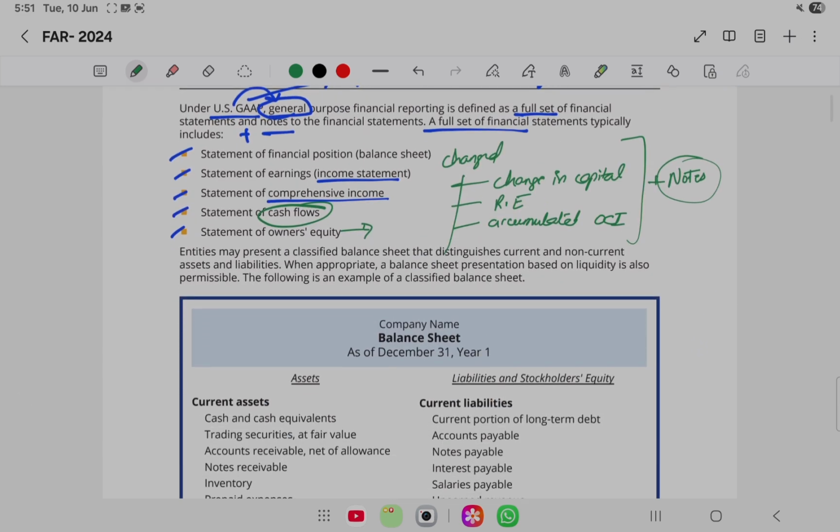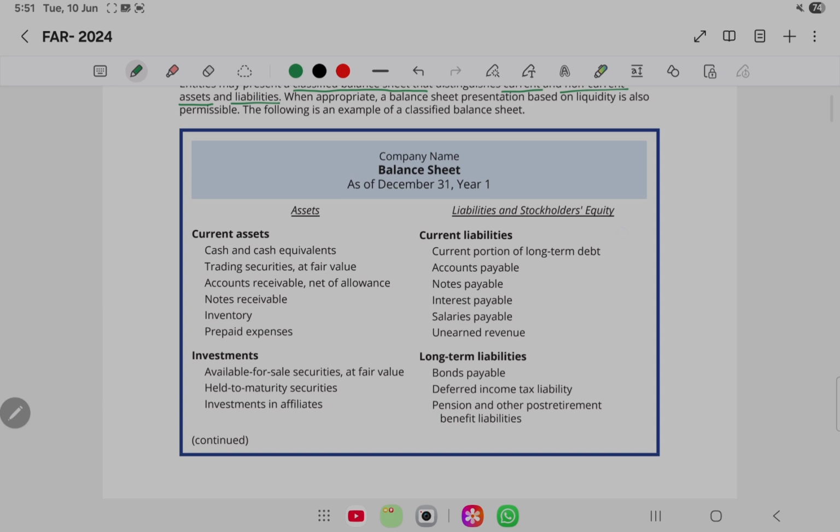Now, an entity may present a classified balance sheet that distinguishes between current and non-current assets and liabilities. When appropriate, a balance sheet presentation based on liquidity is also permissible. So this is a balance sheet which is based on liquidity. How do we make the balance sheet?